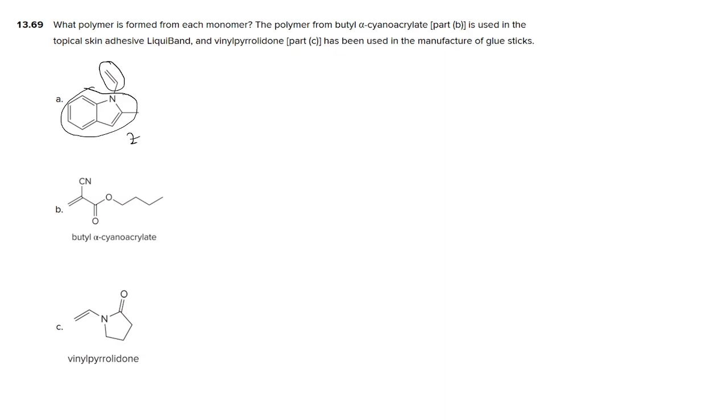If we reduce this structure to this type of monomer, we have a pi bond with an ethylene, and it has a substituent Z.